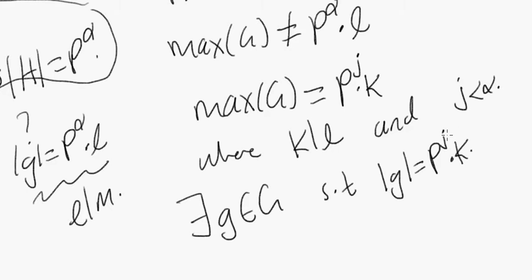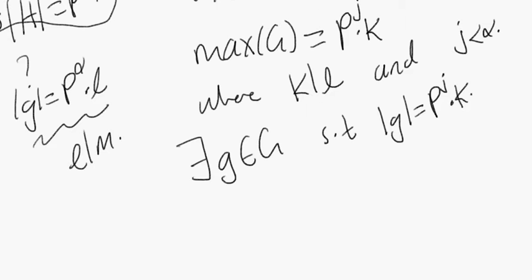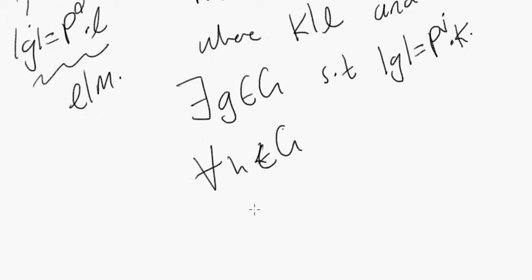And aren't we saying also that for all h, elements of the group G, the order of h is less than, maybe we should have used a different letter, the order of little h is less than or equal to p to the j times k.